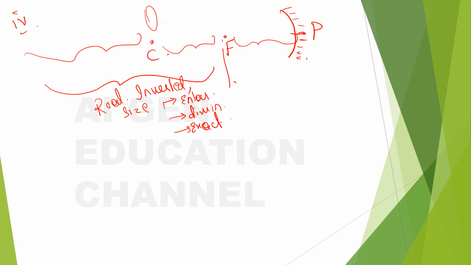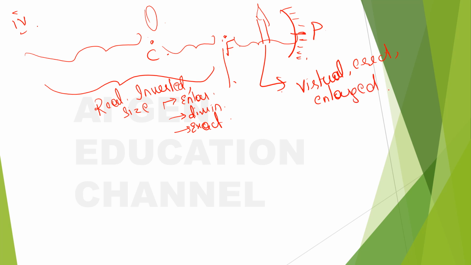Okay, and now if you place an object here somewhere in between the principal focus and the pole, what happens here? The image that you get would be virtual. Virtual means it will be erect and the image will be enlarged. Okay, so this is the thing.